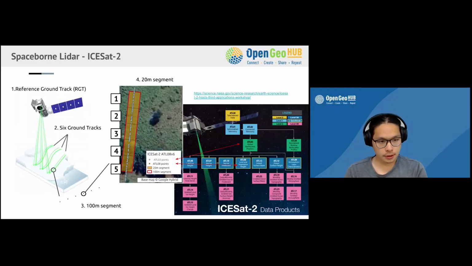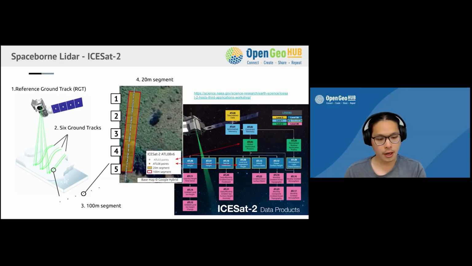For ICESat, if you open up the data, you can see that it has multiple layers of information. First, you have the reference ground track, and you have 6 ground tracks. When ICESat passes over the ground surface, it has 6 ground tracks, 2 in a pair that measure together, composing 6 tracks that scan through the surface.